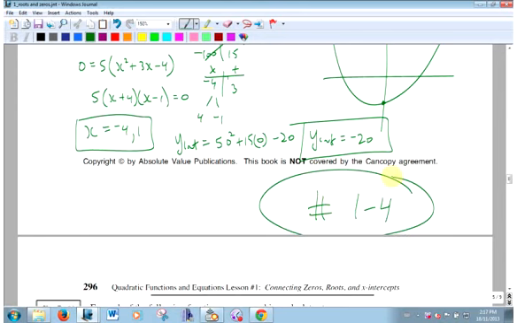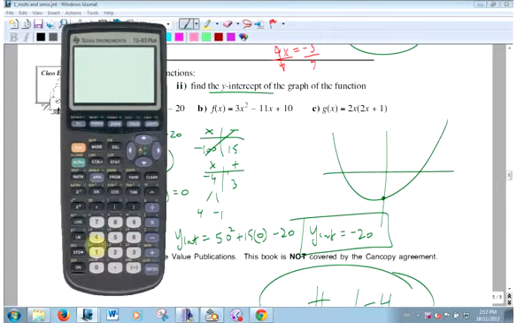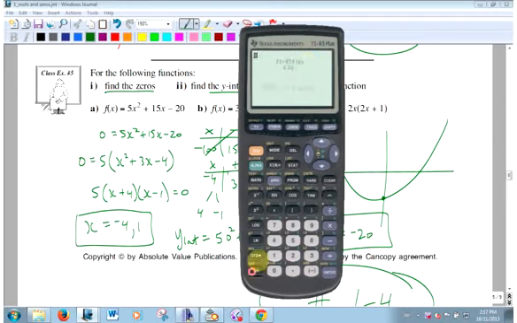Graphing calculator tomorrow. Well, you don't necessarily have to have one. Let me just quickly show you, you know how to put this in? You want to see what this thing looks like? y equals 5x squared plus 15x minus 20. With any luck, it'll show with my window setting the way it is.